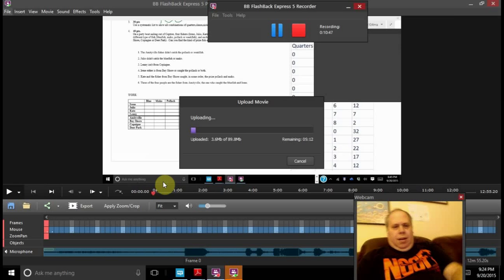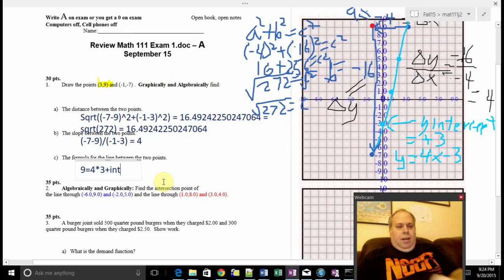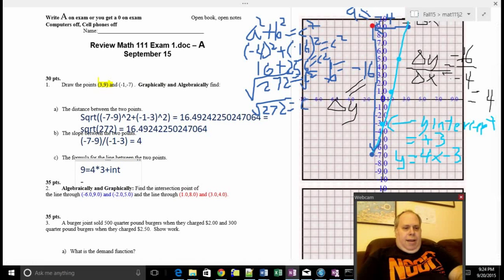Let's go back. Sorry about that. And so we're going to subtract 12 from both sides, since I think all of you know that 4 times 3 is 12.